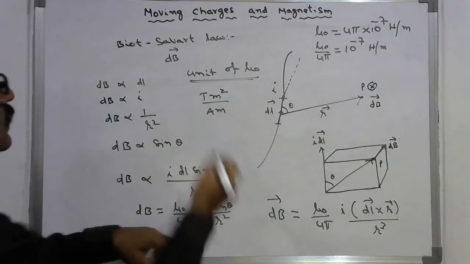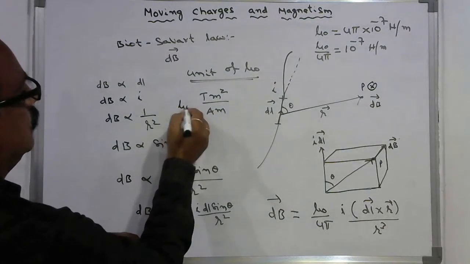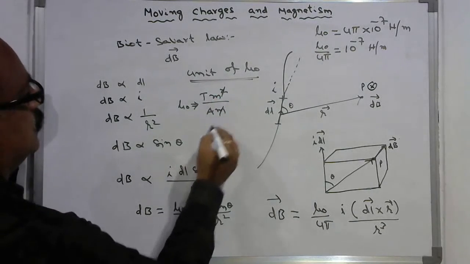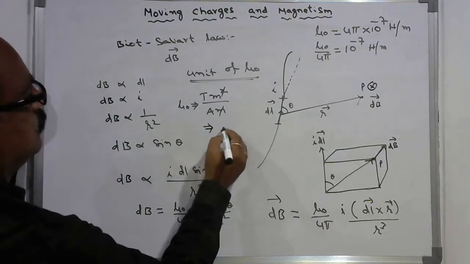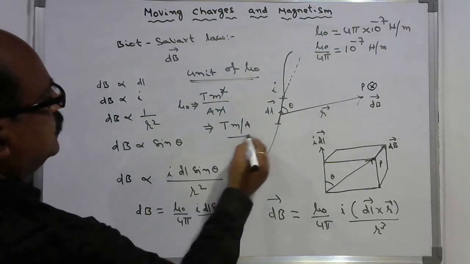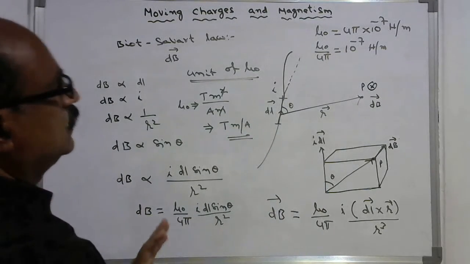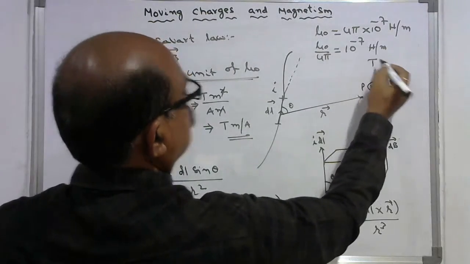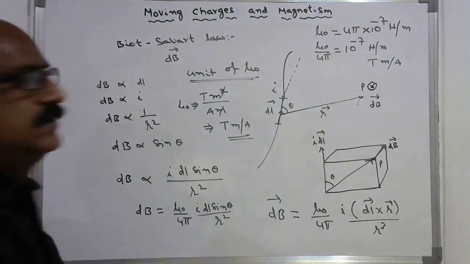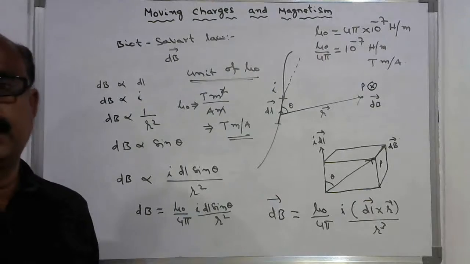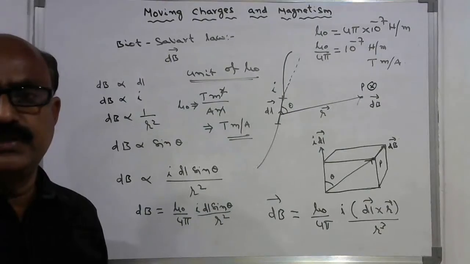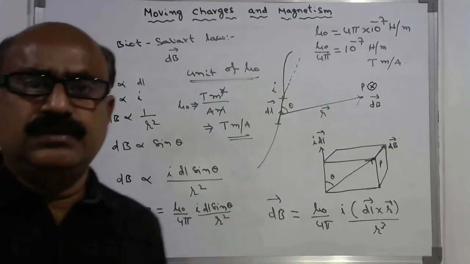Theta has no unit. So this is the unit of mu naught, and you can cancel this. So the unit of mu naught is equal to Tesla meter per ampere. So this is how we can determine the value of the magnetic field. Now let us state the Biot-Savart law.